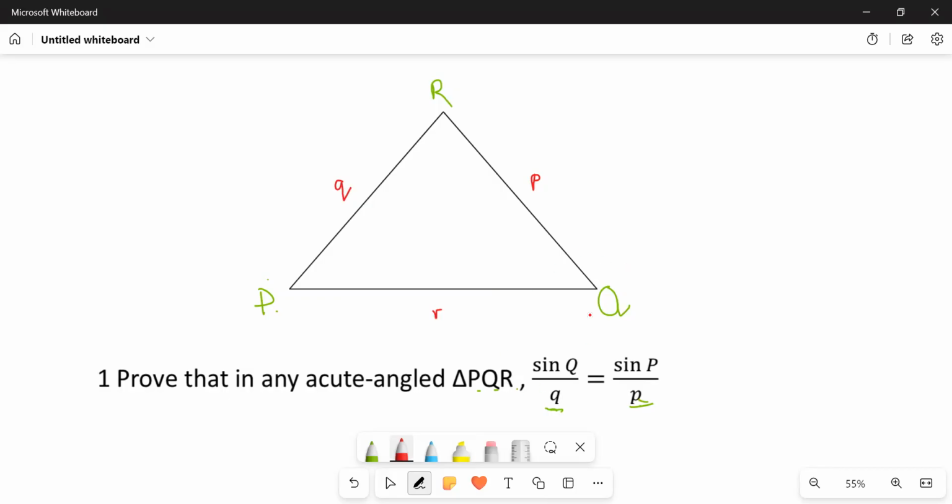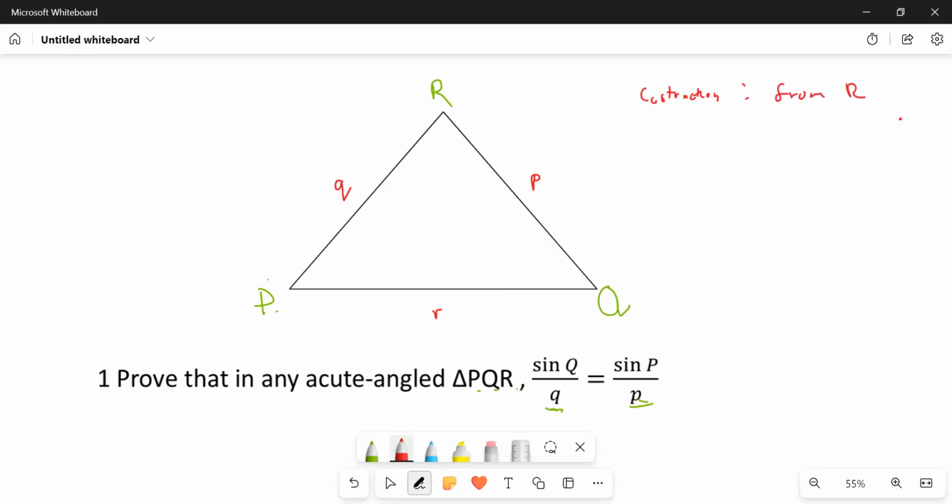Now, what are we going to do? For us to prove, we need to construct.